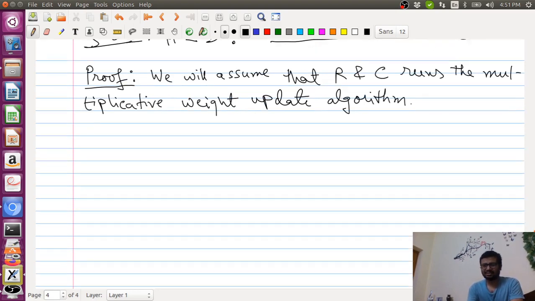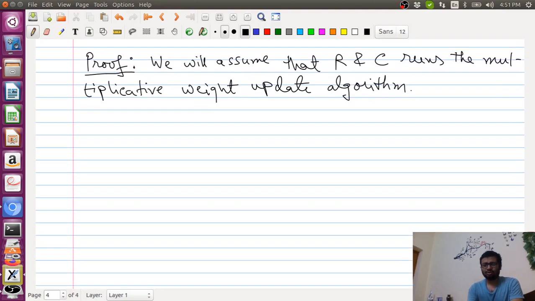So what do I mean? To run the multiplicative weight update algorithm, I'll have to provide the players with a stream of reward functions. So what are those reward functions going to be?